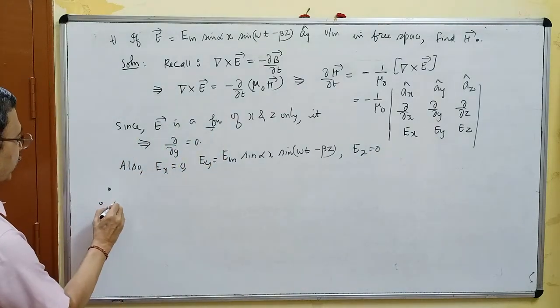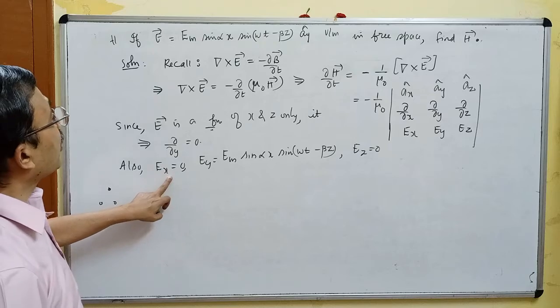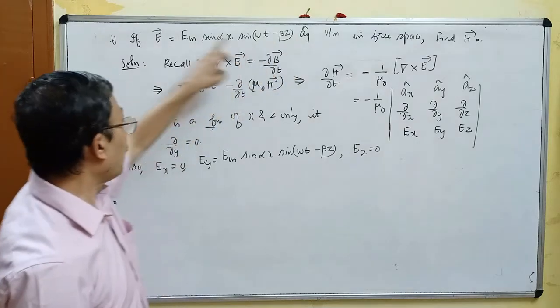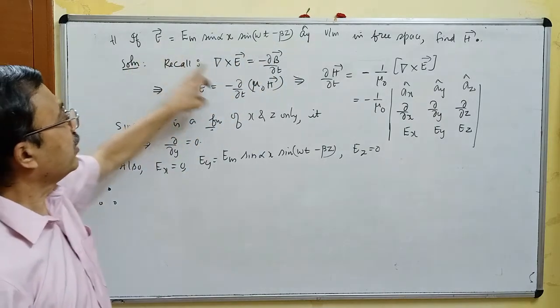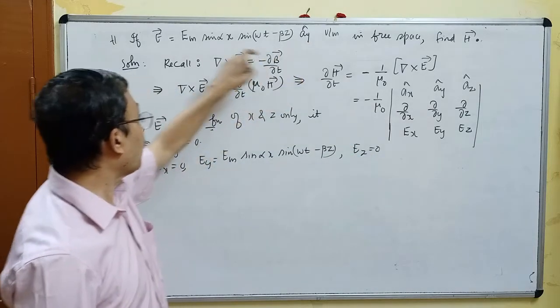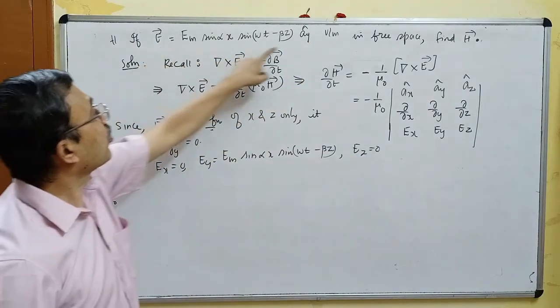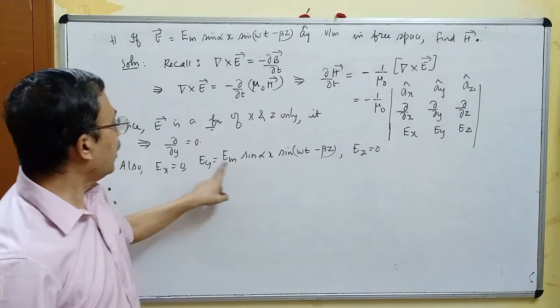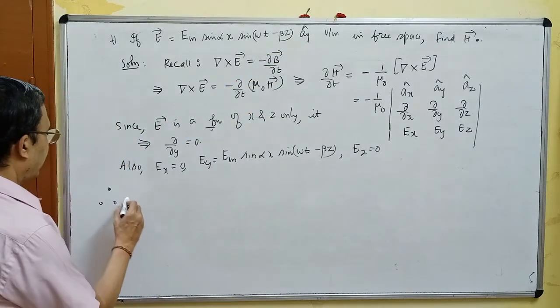Ex is 0 because there is no unit vector Ax cap associated with vector E. Ez is equal to 0 because there is no unit vector Az cap associated with vector E. The coefficient of Ay cap is Ey.